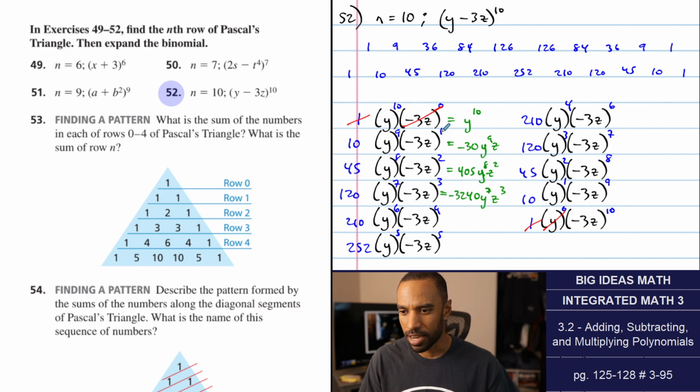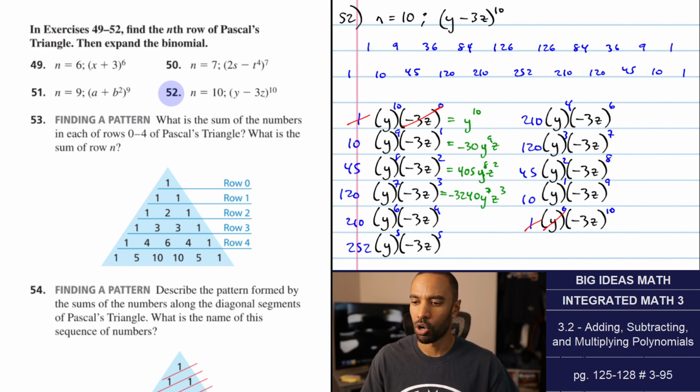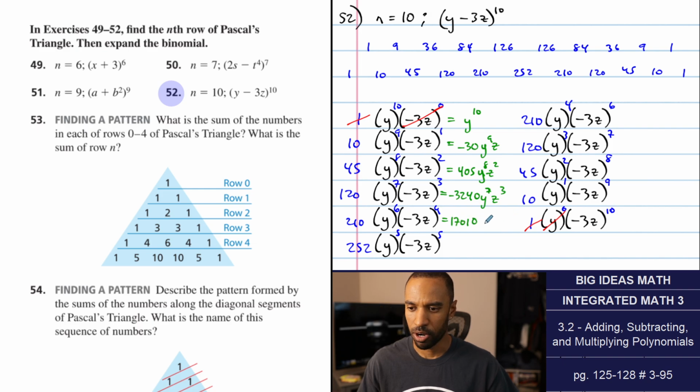And then 210 times, that's 3 to the 4th. 210 times 81. 17010. Y to the 6th, z to the 4th. And then 252 times 243.